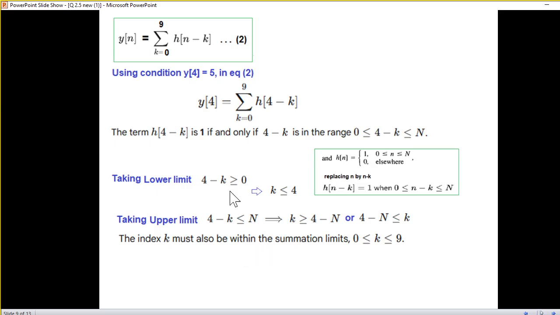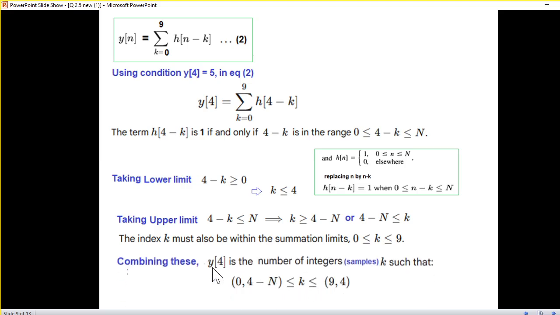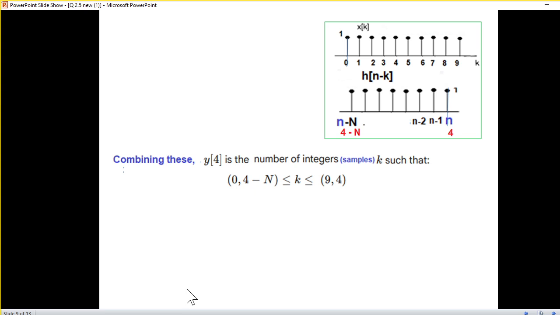Then there is another limit, that is 0 to 9. So k has to be within this limit. So we can summarize that for this condition, our k should be between 0 and 4 minus N, and it has to be less than 9 and 4. And 9 and 4 we find from here. So this is the range, but we have to choose one.